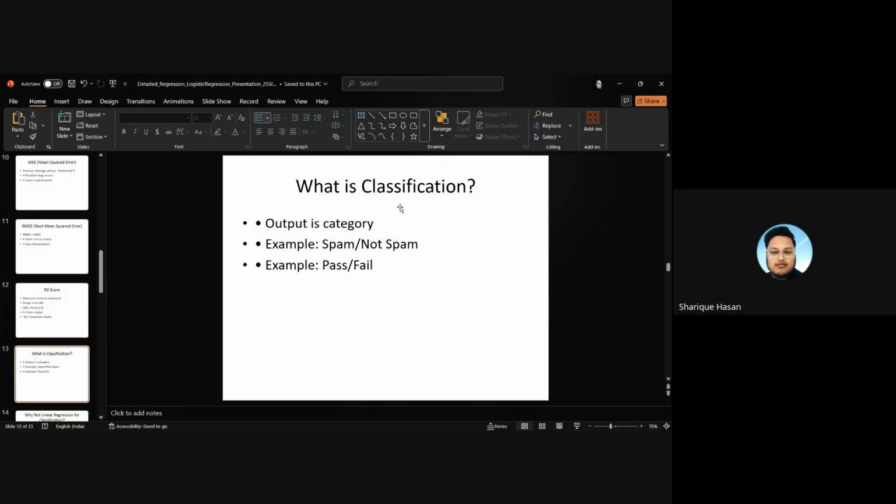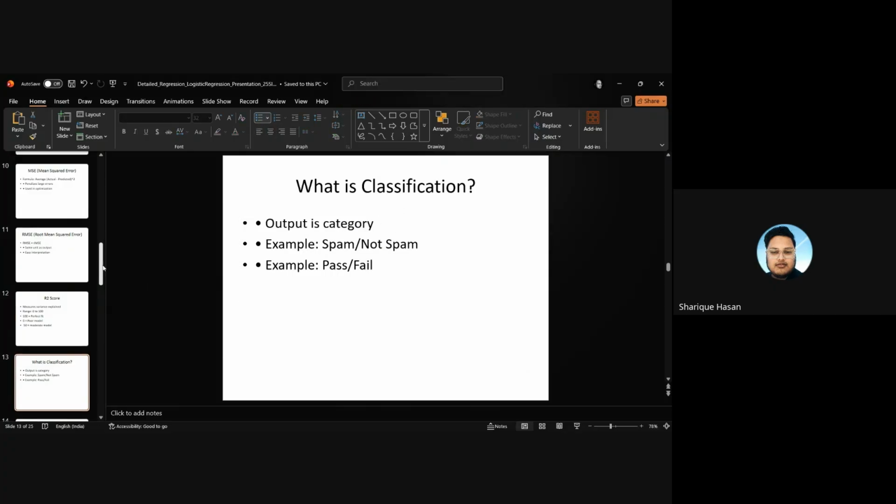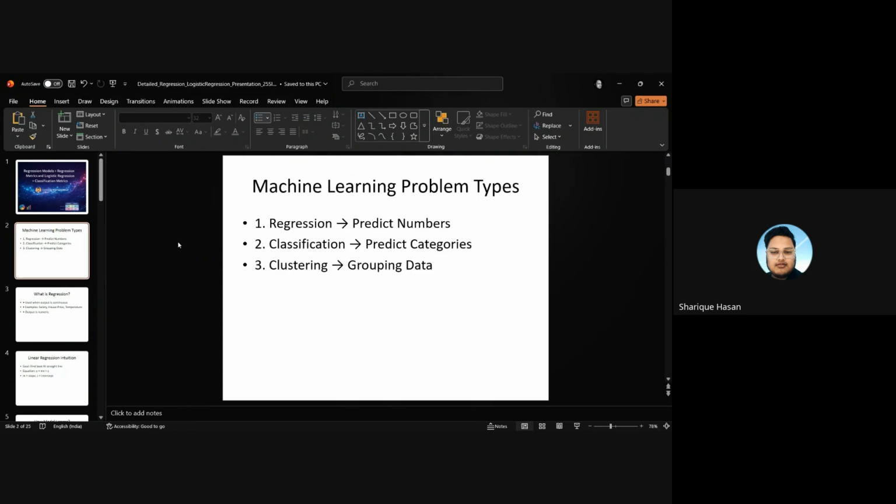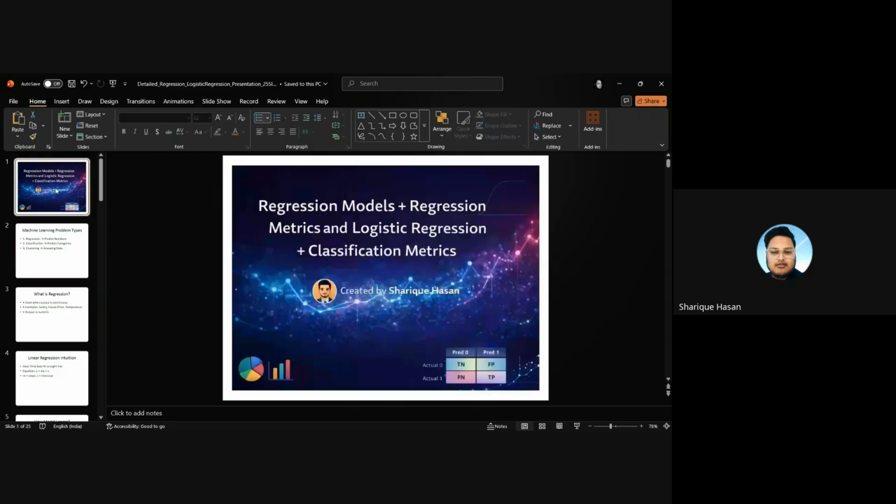Then we have classification. Why do we use classification? As we have already discussed, classification is used to predict categories. We have covered the regression model and the regression metrics.